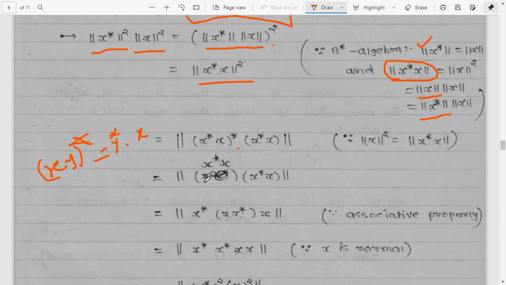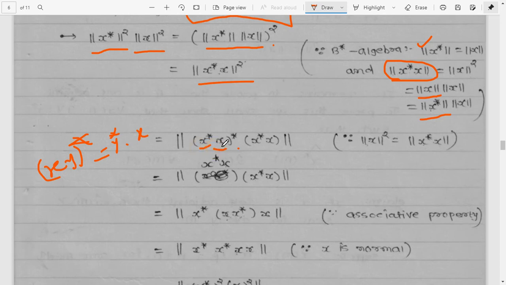So x star into x, because x star is equal to this is x and this is y.